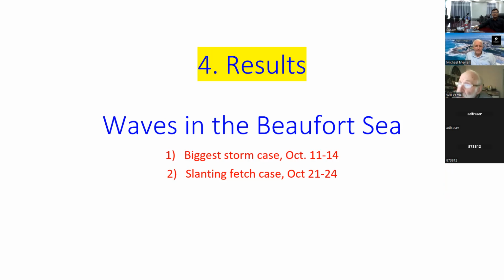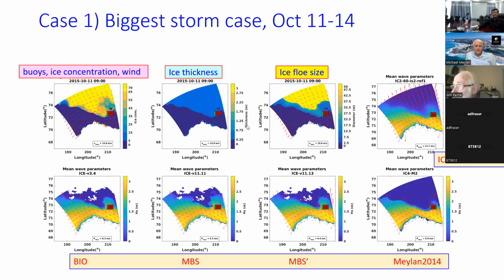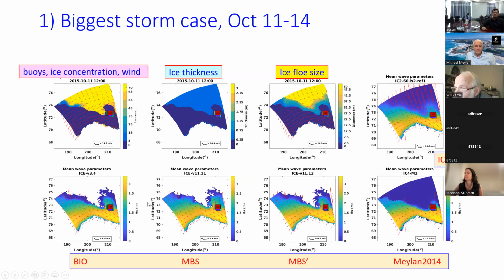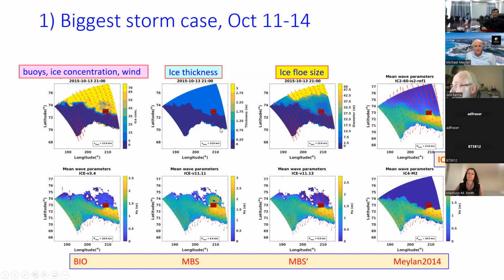So the first storm was October 11th to 14th, and here are the buoys. As I click through this storm, you see how the buoys move and how the models change. But the problem is there's very little ice. So the waves are very high, up to 4 meters, but there's very little ice.